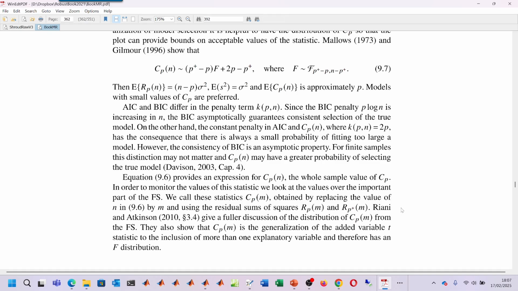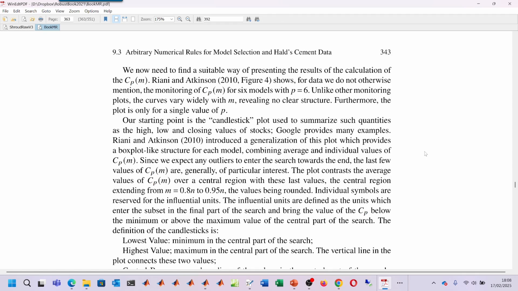In order to summarize all these forward searches into a single graphical tool, we have introduced what is called the generalized candlestick plot. The name candlestick plot comes from the fact that it is very close to the financial plots with candles.